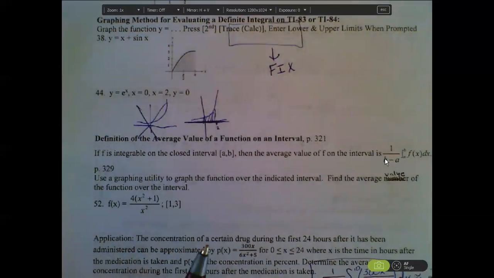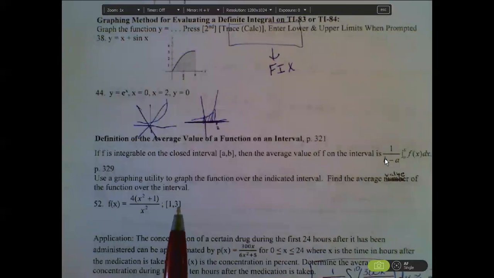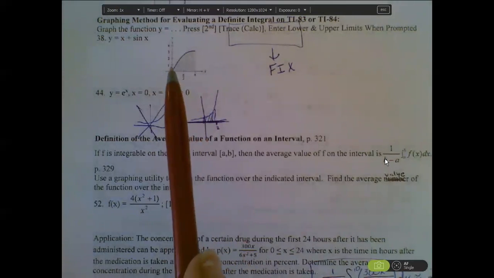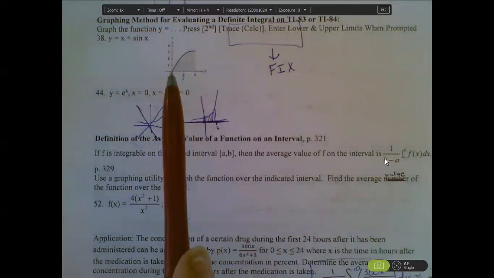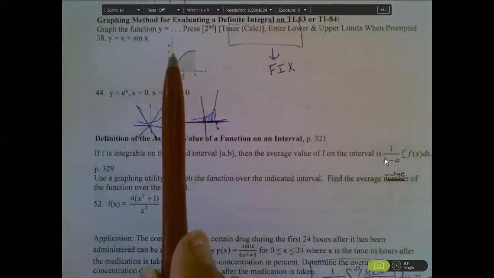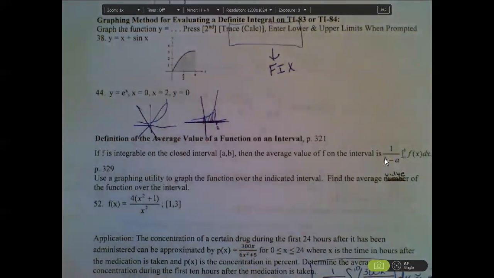And Ivy and others, I say Ivy because you're the one that posed the question, but the average y value, it makes sense that that would have to do with area, because if I was trying to find the area of this region, the width would be from 0 to pi, so the width would be pi units. The average y value seems like what I should multiply times that width to find that area.